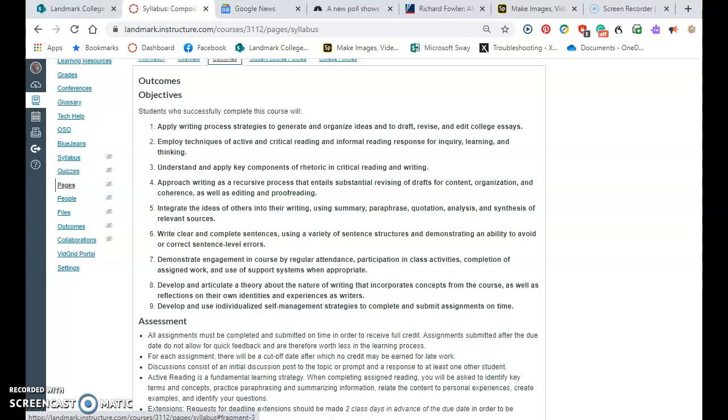Some of these things may not make sense to you now, but believe me, we'll talk about them and you'll understand what the terminology means, like recursive process, if you're not sure what that is yet.